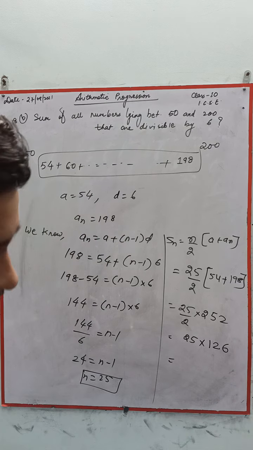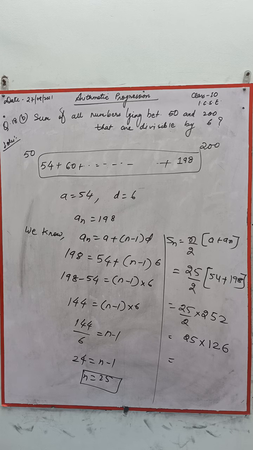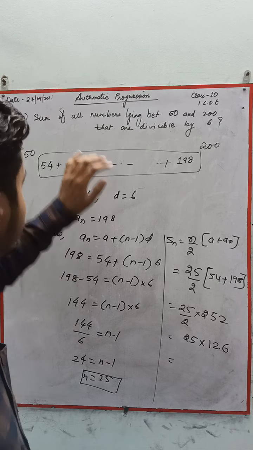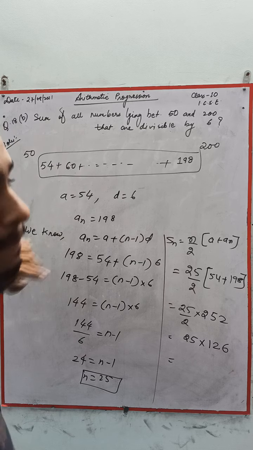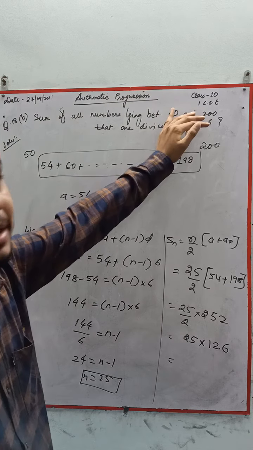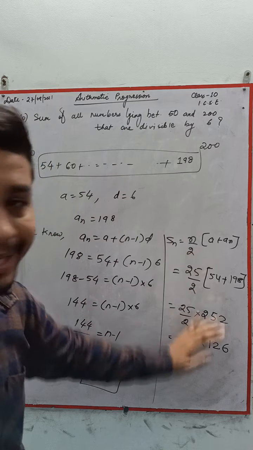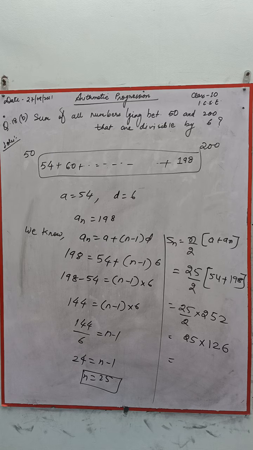If you multiply 25 with 126, you will get the answer. So the very previous question of this, that is the A part, the same question has been asked. Use the following criteria, you will get the answer.